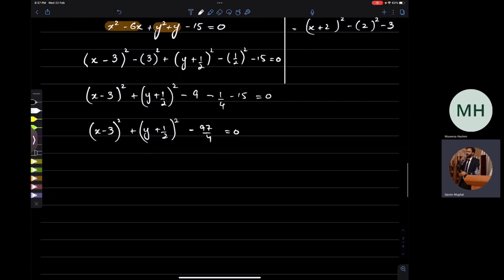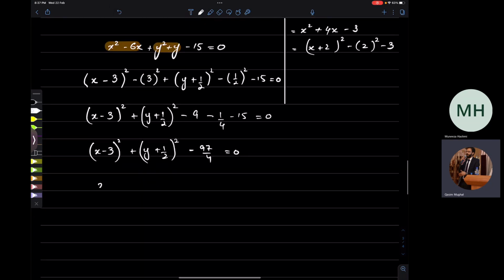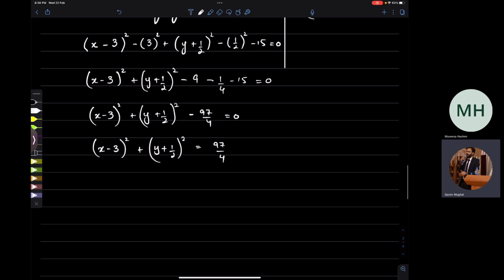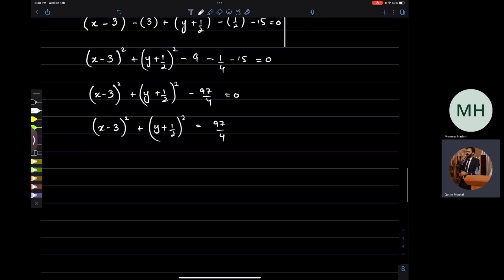Now I'll move this constant to the right hand side. So x minus 3 whole squared plus y plus 1 over 2 whole squared equals 97 over 4. Now you can clearly see that this equation is written in the format x minus h whole squared plus y minus k whole squared equals r squared.